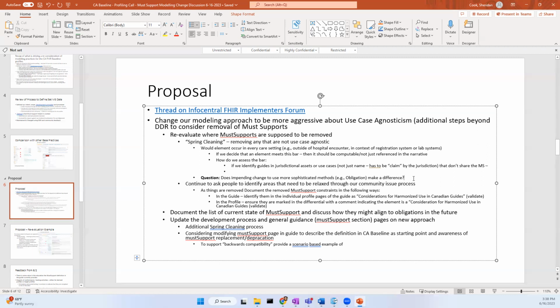So is there anyone that would argue for having the forthcoming changes around obligation and some of the other conformance structures or expectation structures modify our current approach to spring cleaning?